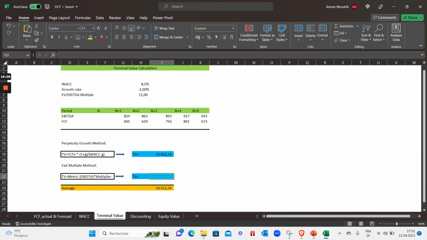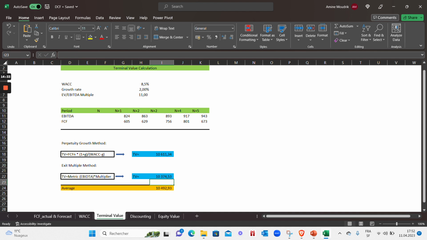Then we calculate the terminal value based on the exit multiple approach. So we have our metric EBITDA, we take the same thing at the end of the last year, times the multiple, which gives us 10,374.